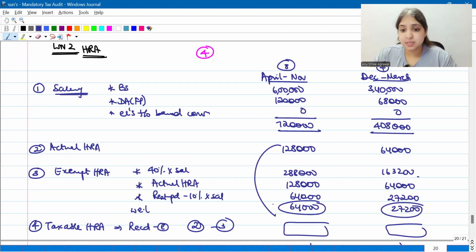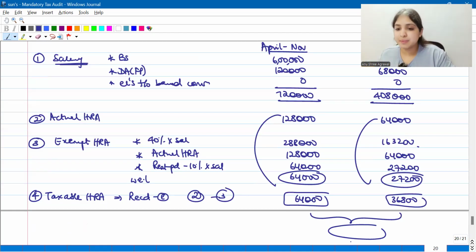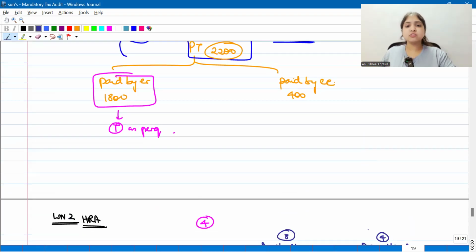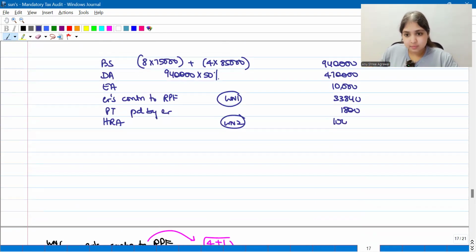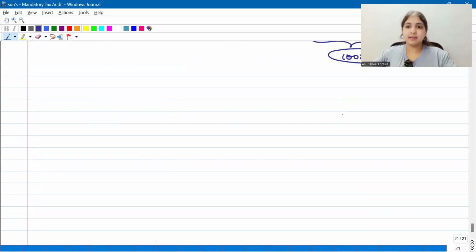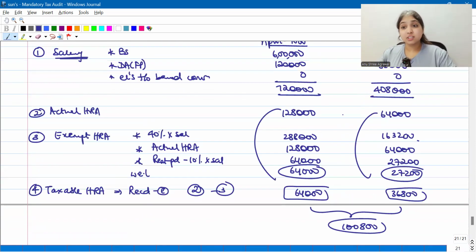Received minus exempt, 1,28,000 minus 64,000, which is 64,000. And 64,000 minus 27,200, which is 36,800. So total taxable HRA will be 1,08,000. So this is the number I'll take to my main answer. Taxable HRA is 1,08,000. Understood, everybody?